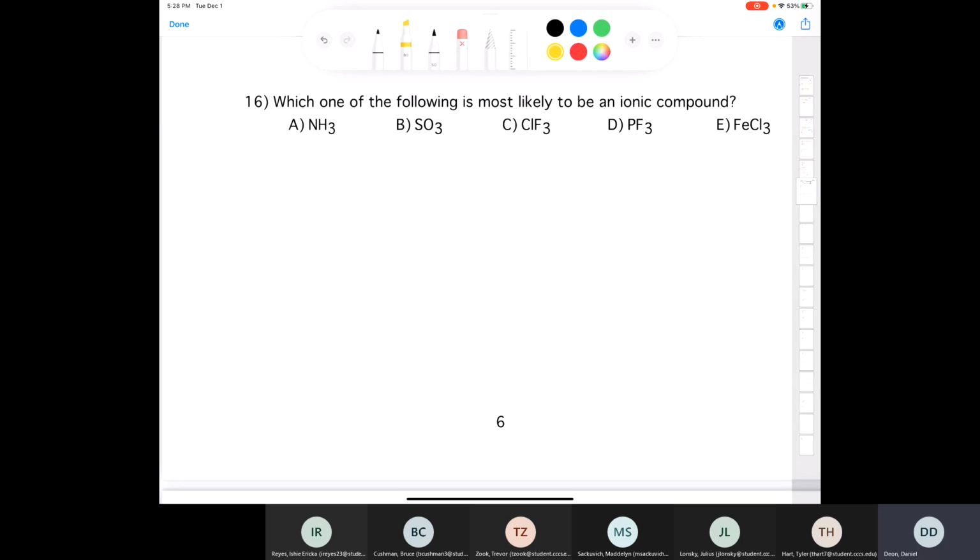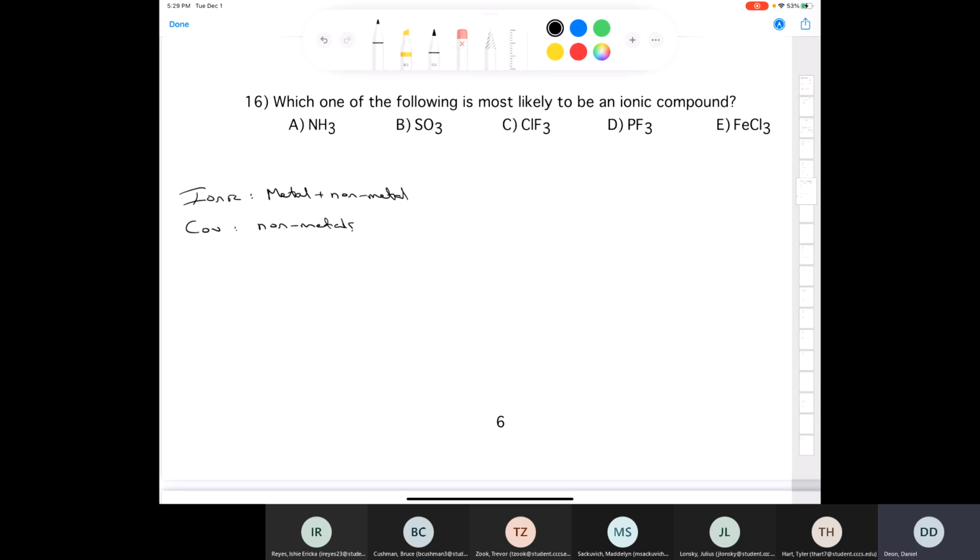Question number 16. Which one of the following is most likely to be an ionic compound? Remember that ionic is formed from a metal and a non-metal. Remember that covalent compounds are formed from non-metals only.